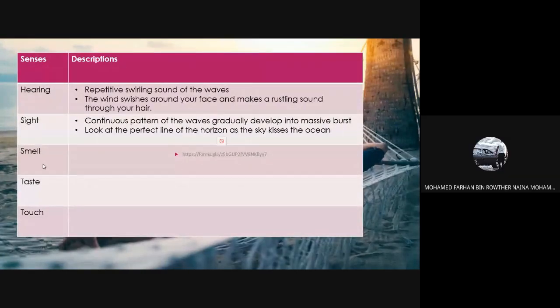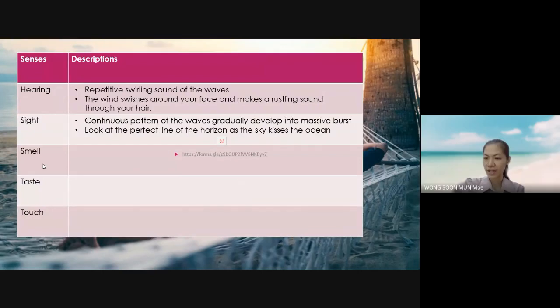He just replied on the chat box. Oh, okay. Sorry, I didn't see. What did he say? It's yes. Oh, okay. Hakimi, you have a mic. Can you turn on your mic and tell me what you can smell at the seaside? Have you ever been to a beach? Or can you imagine now you are sitting on a beach and what can you smell?